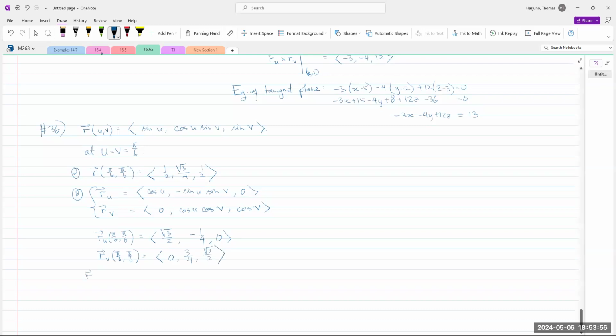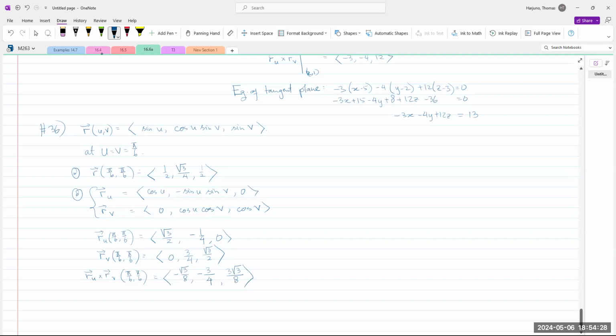So the cross product, therefore, will be negative radical 3 over 8, negative 3 over 4, 3 radical 3 over 8.